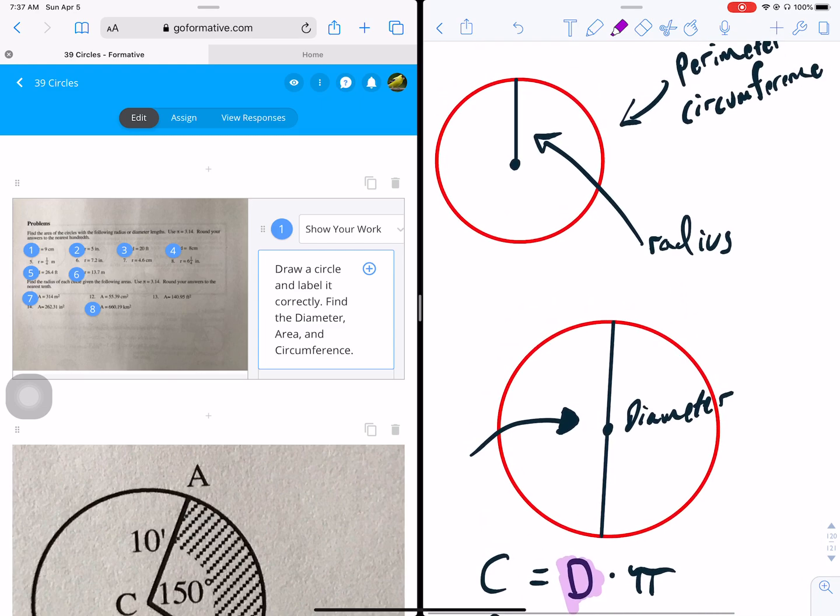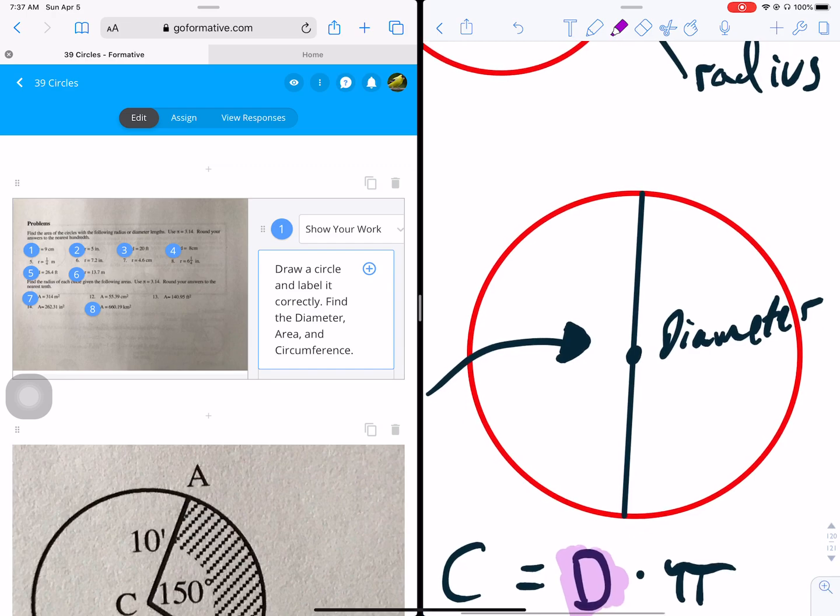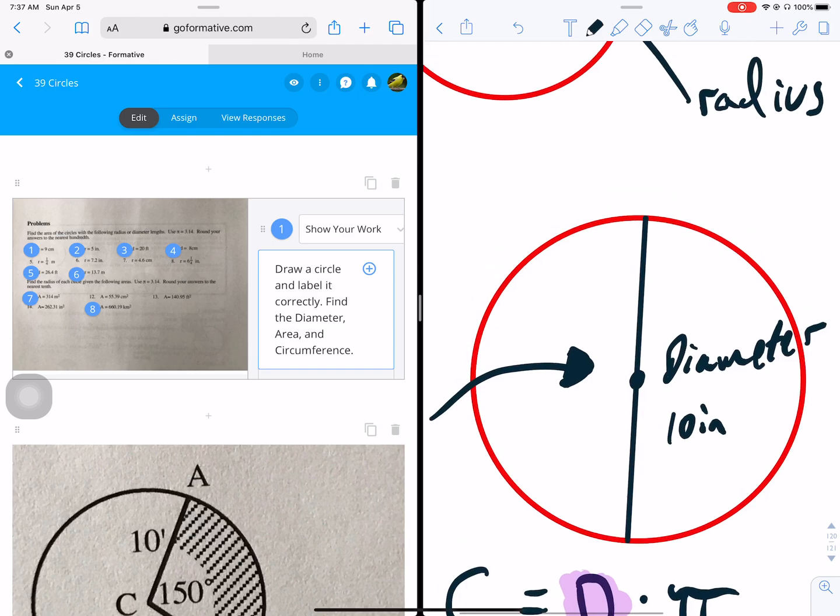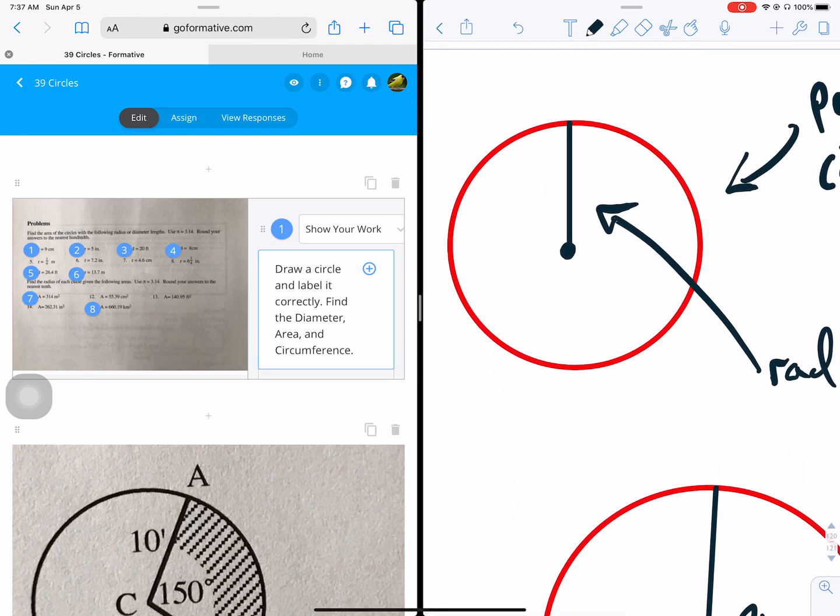Okay. Diameter is the distance across. You can see the picture of it. If I tell you the diameter is 10 inches, then all you have to know about the radius is that it's half that distance. The radius is half the diameter.